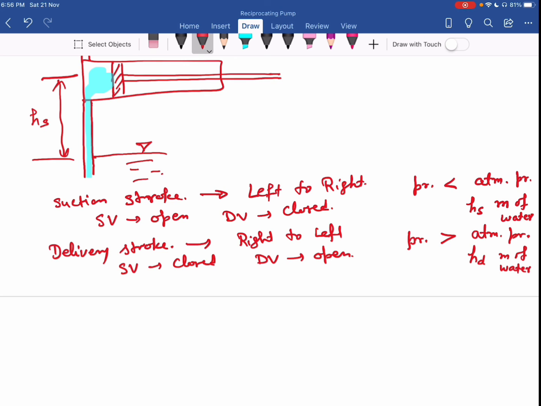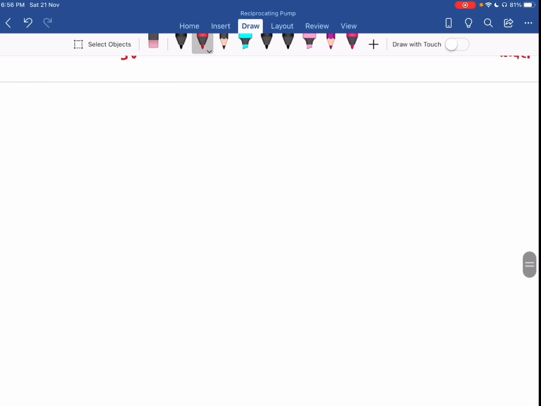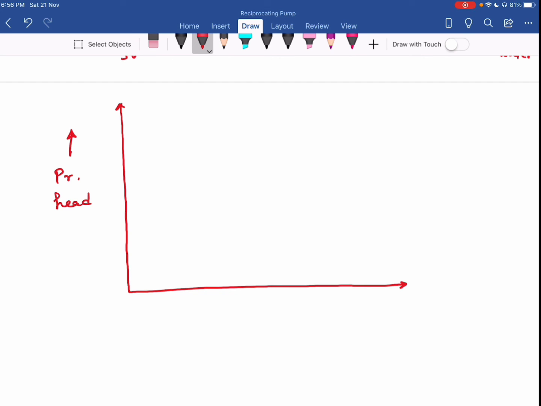Okay. So if now I try to draw this indicator diagram, so you can see here along y-axis I have pressure head, along x-axis I have stroke length, and this is my atmospheric pressure.